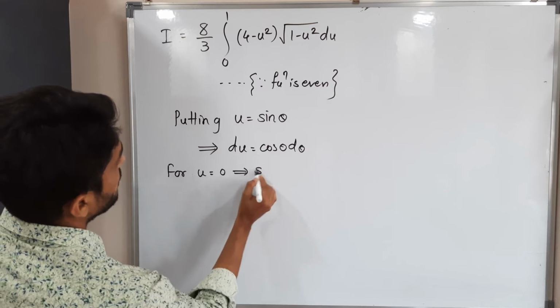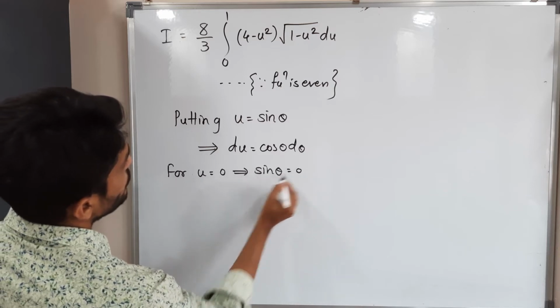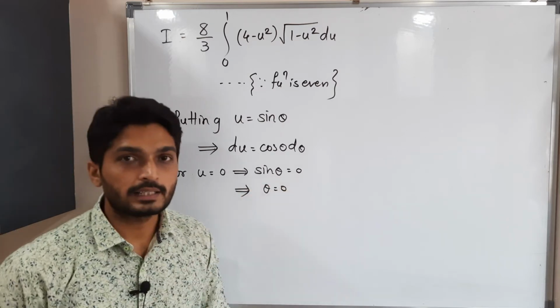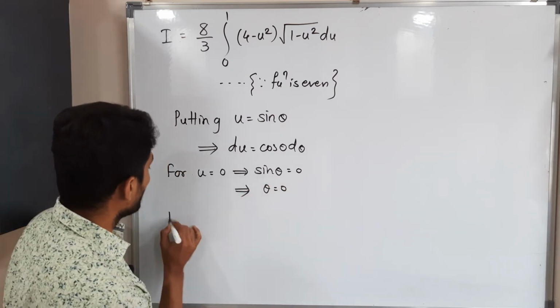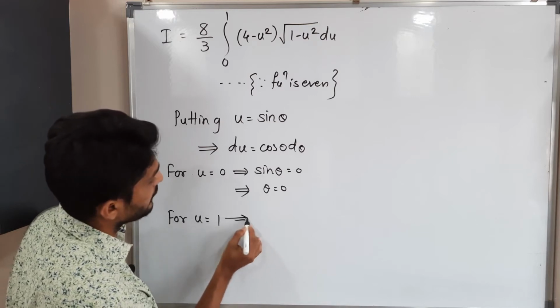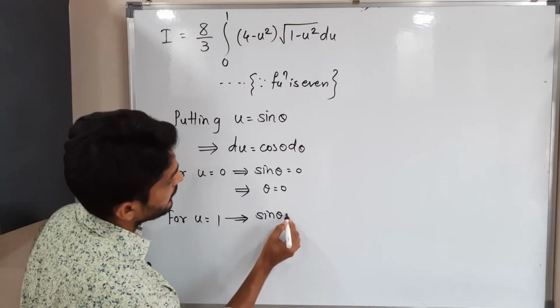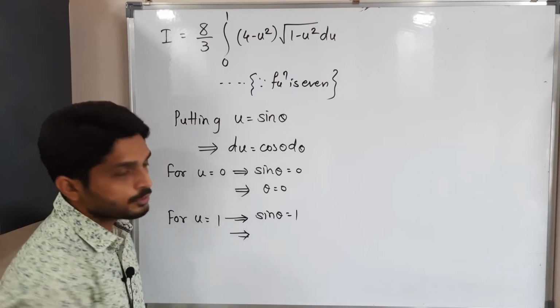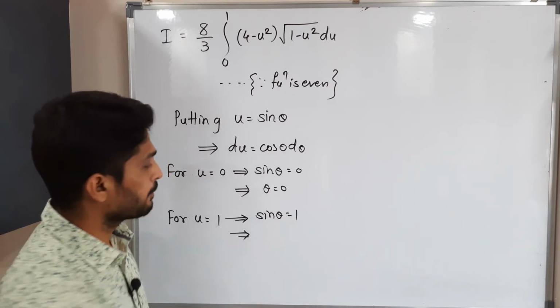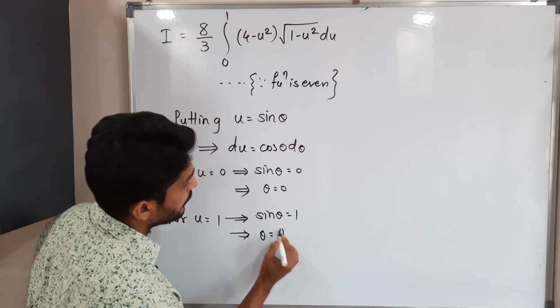So sine theta is equal to 0, so when theta is equal to 0, sine is equal to 0. Next, for u is equal to 1, upper limit is 1, that means sine theta is equal to 1. Tell me, the value of sine is 1 at theta is equal to pi by 2. So theta is equal to pi by 2.